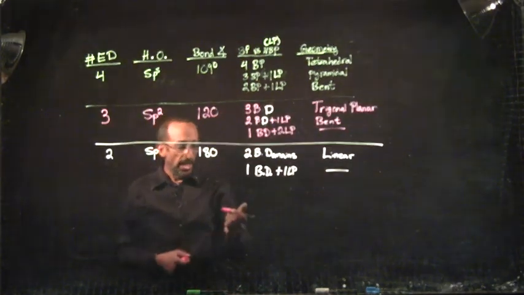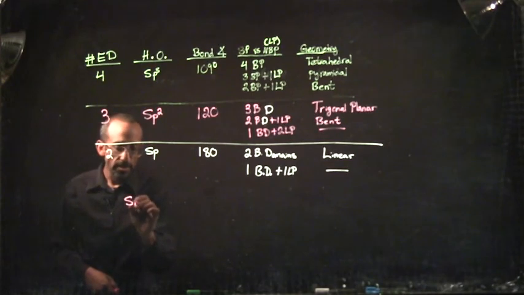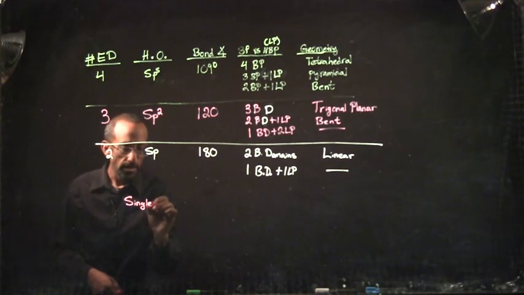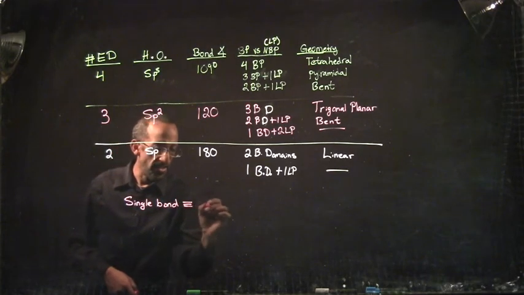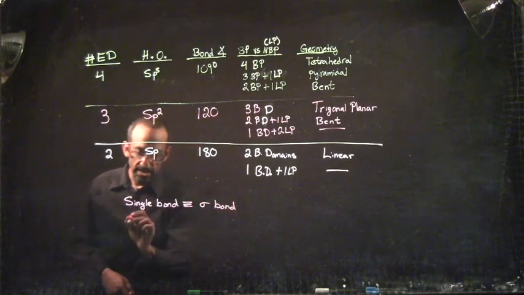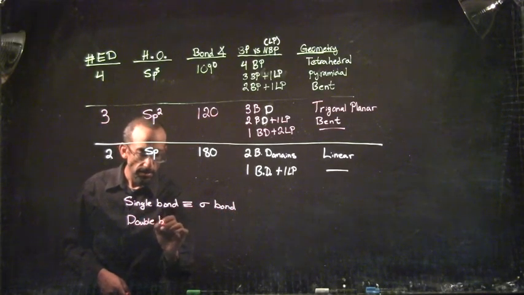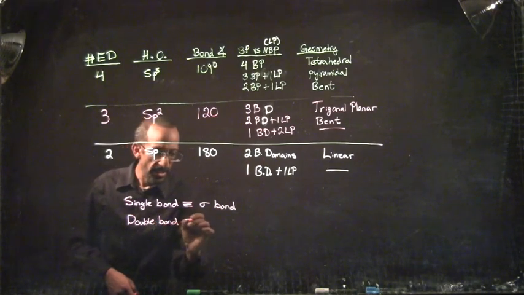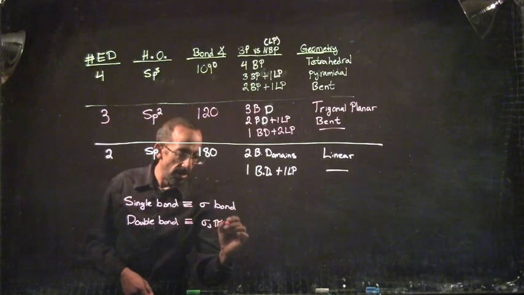So one additional thing, a single bond is a sigma bond. A double bond is a sigma bond and a pi bond.